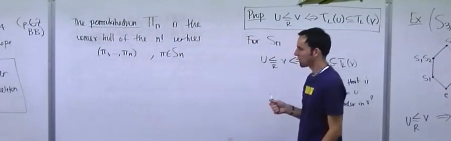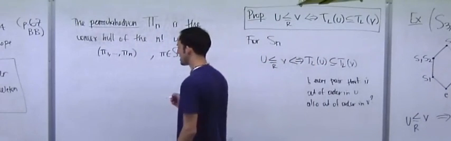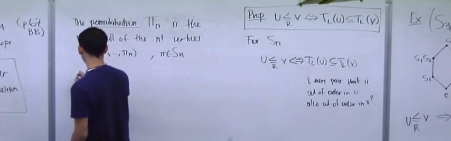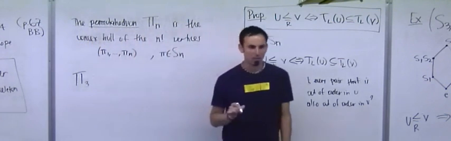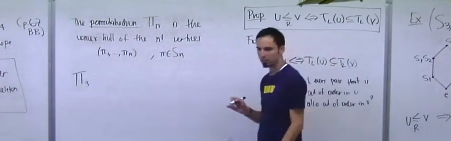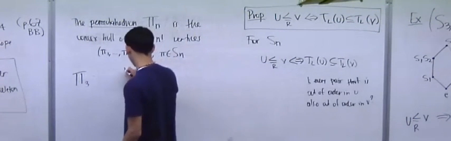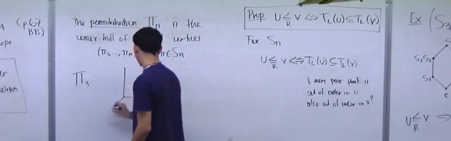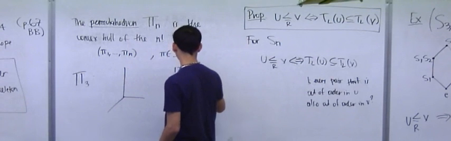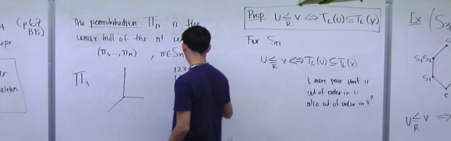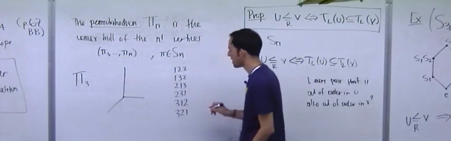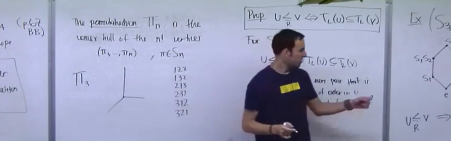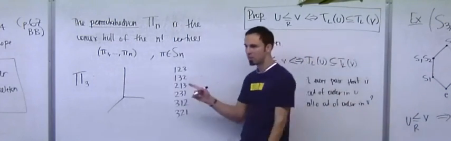So for example, what does this look like? See, this is already a scary picture to draw. What does Pi 3 look like? Well, this lives in 3 dimensions. There's 6 vertices, and they're basically 1, 2, 3, 1, 3, 2, 2, 1, 3, 2, 3, 1, 3, 1, 2, 3, 2, 1. Now you might be worried that I'm looking for a hexagon, and I'm living in 3 dimensions.